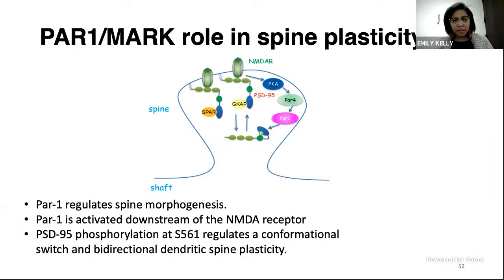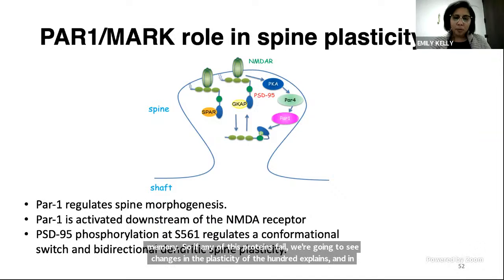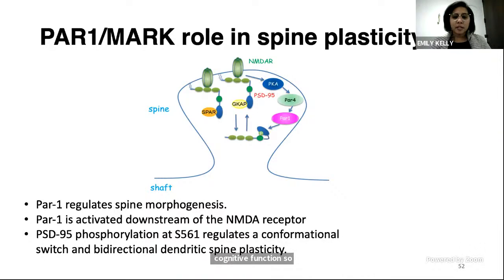From previous studies in my lab, we described that PAR1C regulates spine morphogenesis. When this protein is knocked down, the density of the spines is decreased and the morphology of the dendritic spine changes.